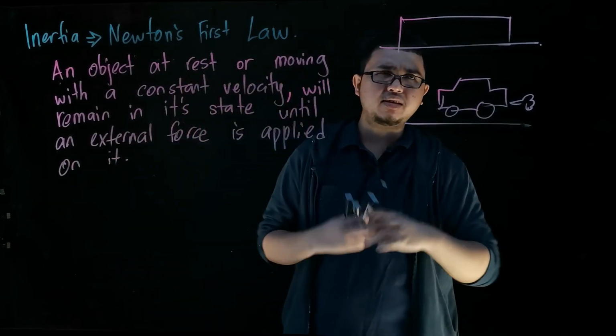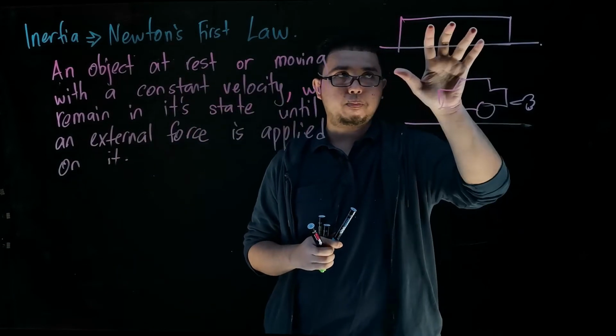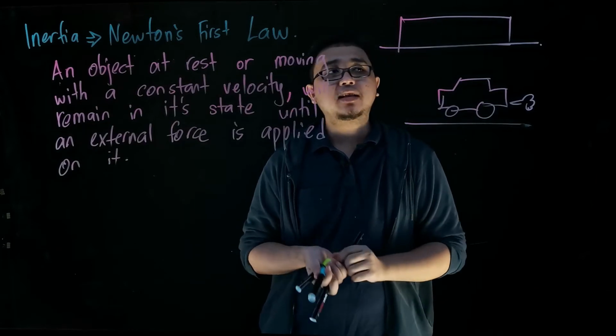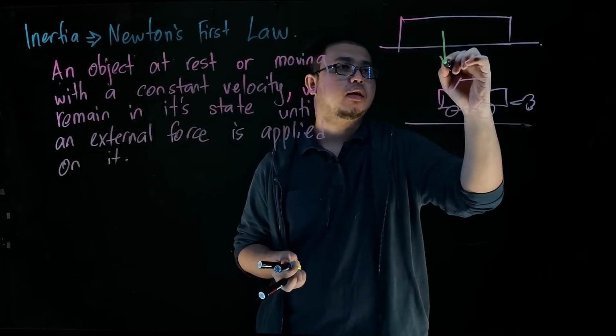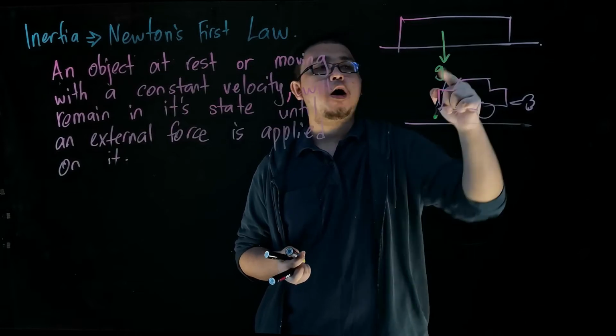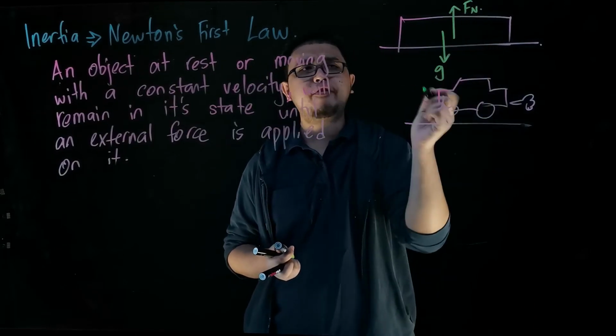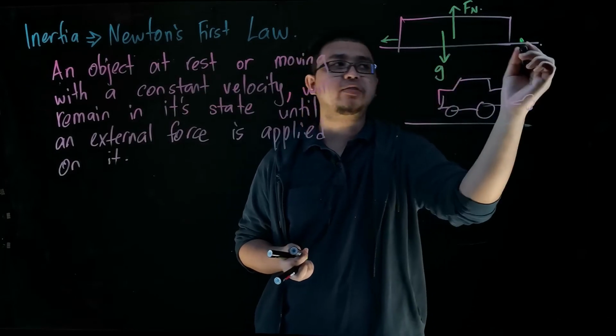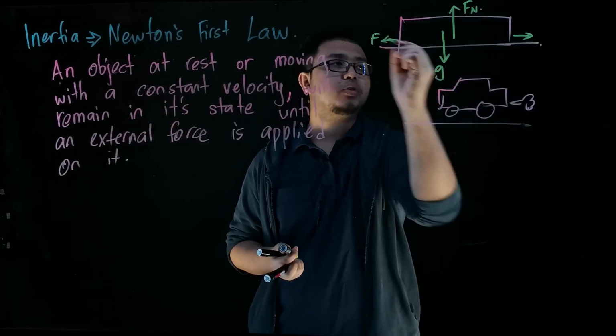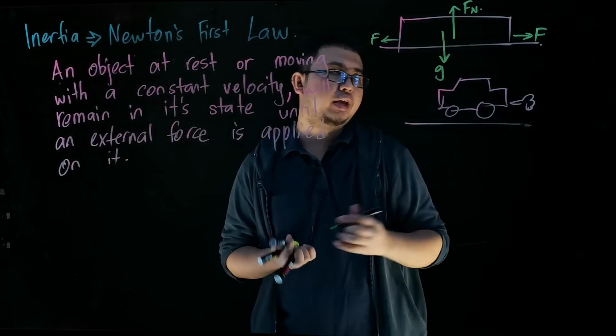Now, what this means is that this block of wood will be acted upon by gravity. And opposite of the gravity, we have our normal force. To the left and to the right, we have the same force acting on the object. Nothing is moving it.